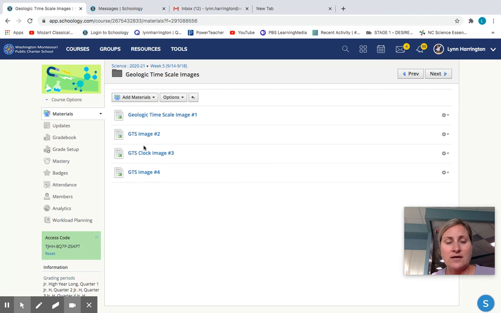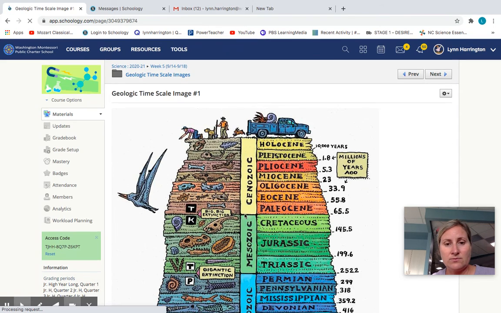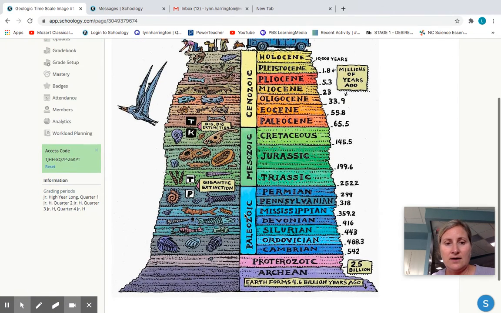There are lots of different ways to represent the information in the geologic time scale, and this is one that is showing you in a vertical way from the very beginnings of time all the way to current day. As you can see, the age of the Earth is showing us the layers and the fossil records, what was discovered during different eras of Earth's history.